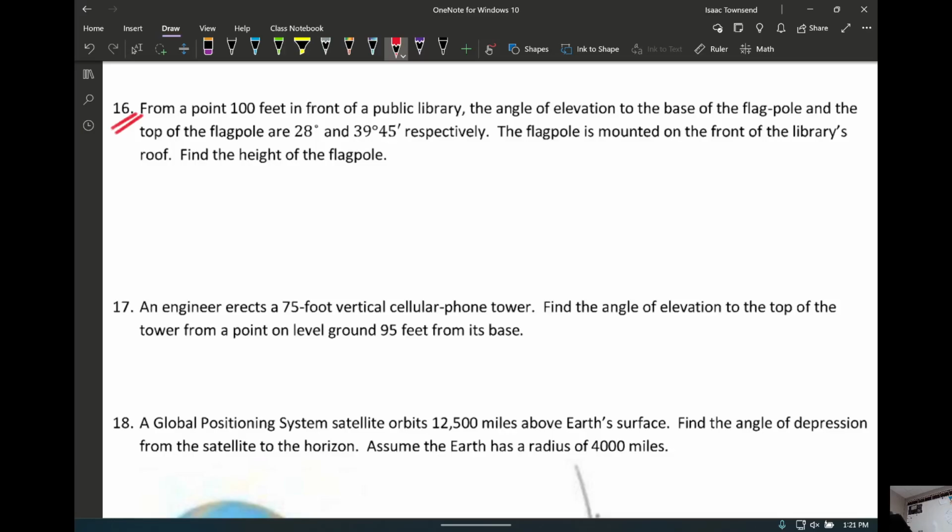What is this? This side. Do you know how we got that? 53. Yeah, we added that. Okay. It's saying the base of the library to the base of the flagpole. Okay, one more minute and then finished or not.